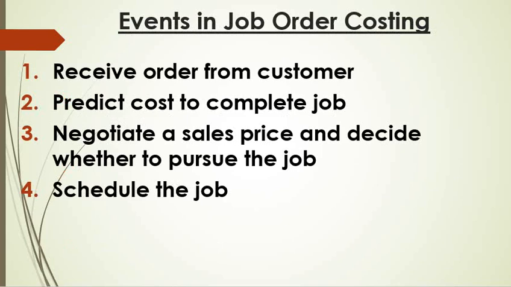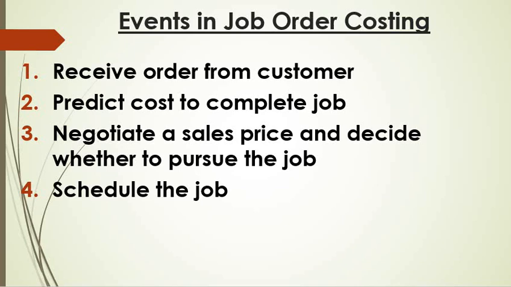So the events in job order costing: you're going to receive the order from a customer. So you're going to receive an order for a La-Z-Boy recliner, or a recliner chair. You're going to predict the cost to complete. So you're going to see there's going to be a lot of estimates in some of the costs, which I'll go through. You're going to negotiate a sales price and decide whether to pursue the job.